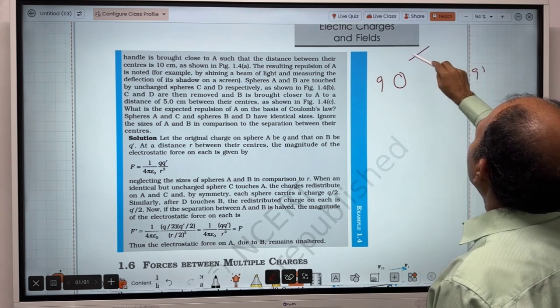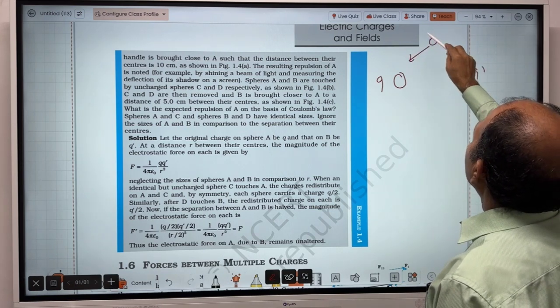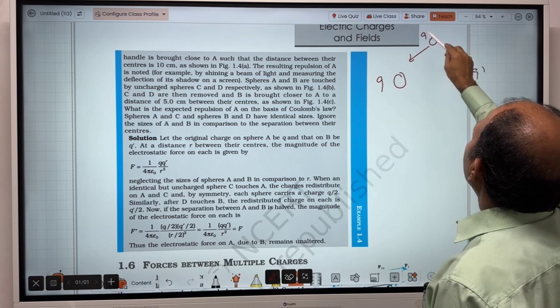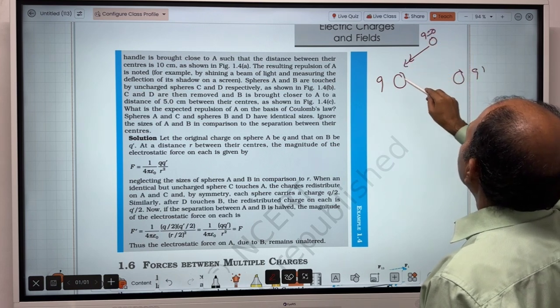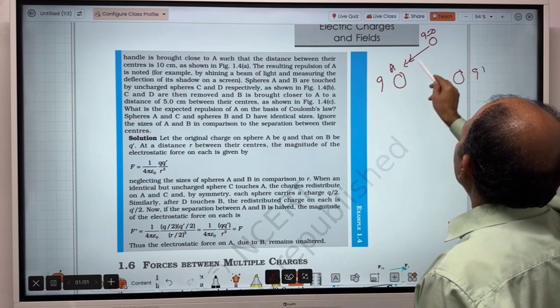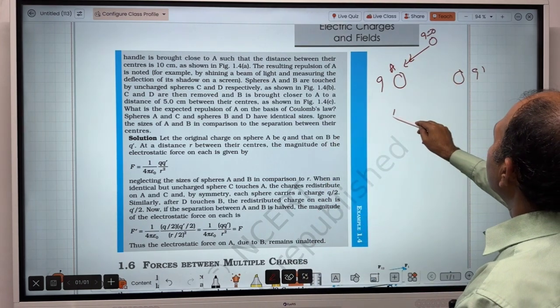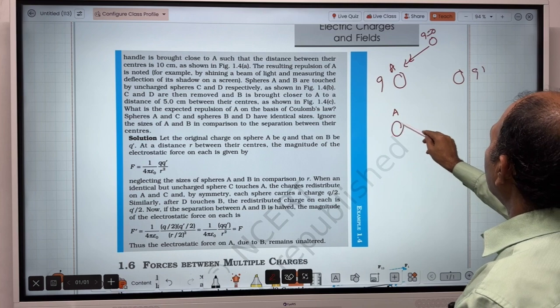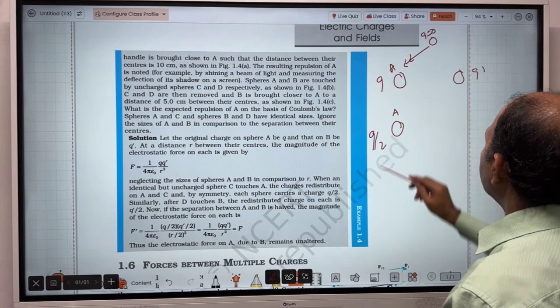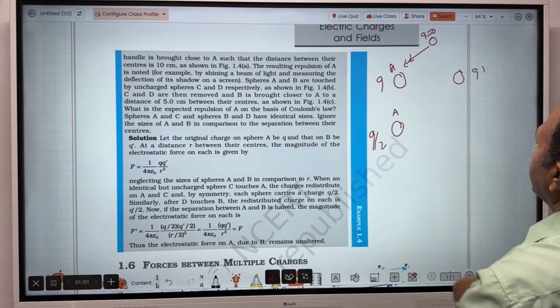Now, a body C, uncharged, Q equal to 0, comes in contact with body A. So what will happen? Charge will be equally shared. So now the situation of A will be like this, meaning A will be left with charge Q by 2.